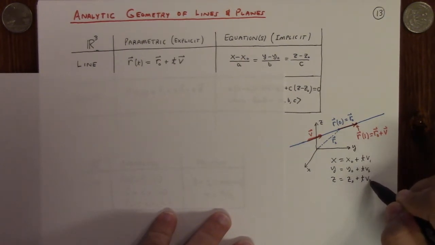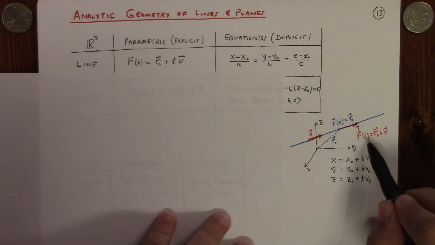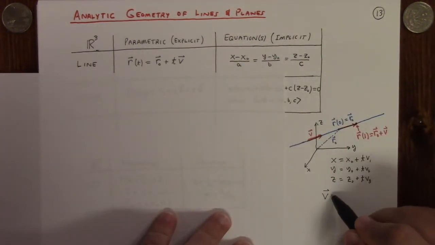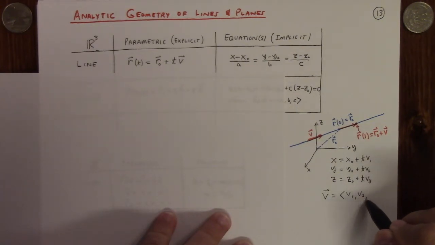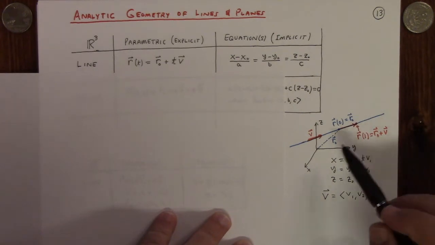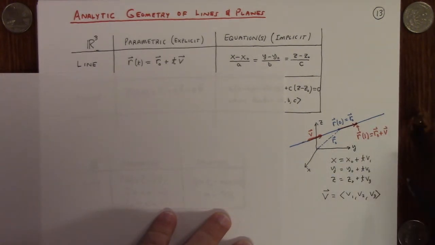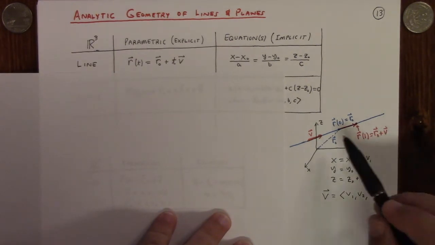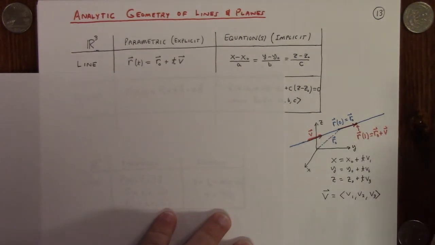That's really just a different notation for what I've written up here, where I'm saying that v is v1, v2, v3, the direction vector. We do assume that the direction vector is non-zero. All right. The base point r0 could be 0. This line could go through the origin. But that's all it takes. You need a base point and a direction vector, and that describes a line in 3 dimensions.